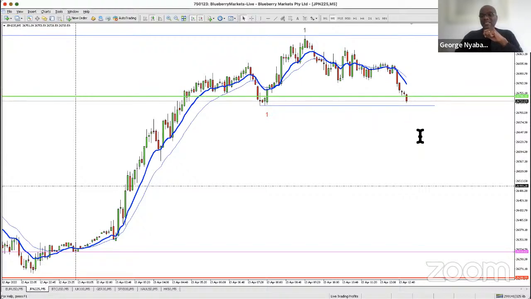If we got that and a pullback to test that level, then we have to jump into the trade. But we need to wait to see if the bulls stop the bears here. Very strong bearish price action, bulls stop the bears here to create this higher low. If those bulls are going to come back in the market, if they do and give us a reversal, that becomes point number 2, touch point number 2.